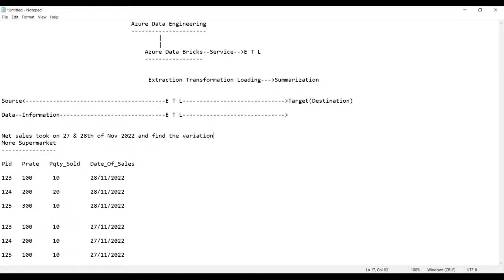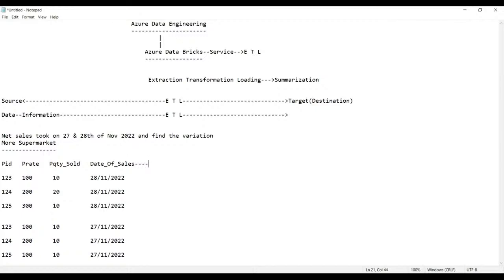Getting my point, guys? They want this query to be executed. The supermarket authority wanted to know what is the variation between the 27th and 28th day, whether the sales has increased or decreased. This is their query. So based on this, how is this Azure data engineer going to work?